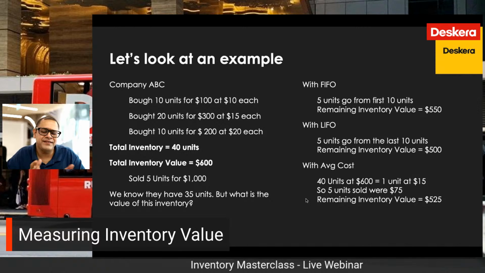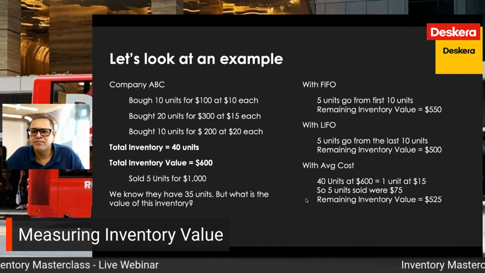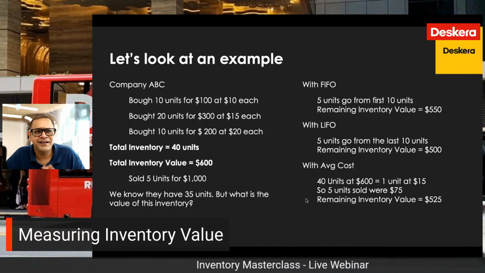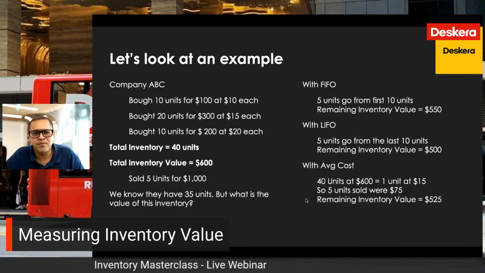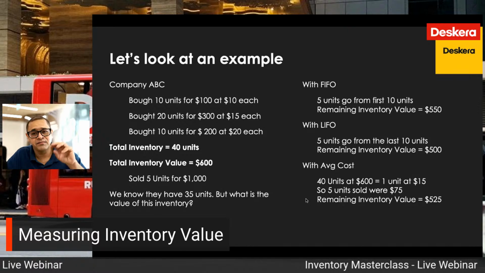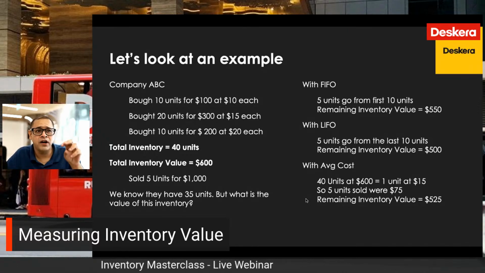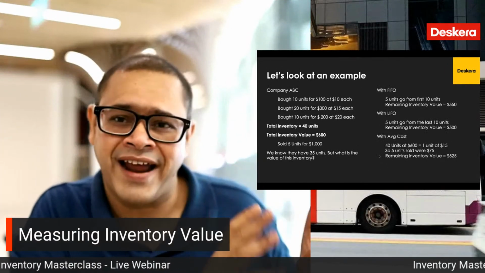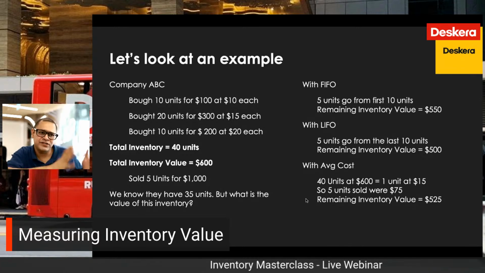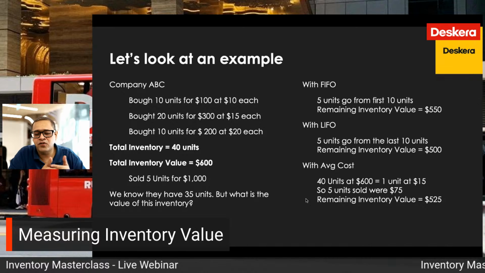So both methods are commonly used. I would say it's about 50-50, depends on your use case, right? If your batches are more strongly controlled, then you want to do it within the batch. But if you don't want such strong control on your batches, then you can use batches only for tracking the origin, the batch number and the expiry date, etc. And the costing can be done overall on your product based on either FIFO or LIFO or average cost.